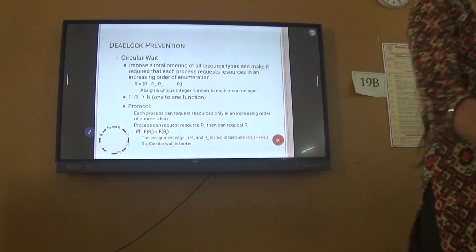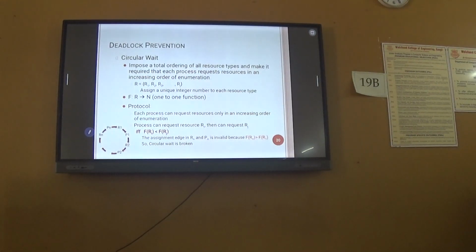Let's say process P1 has demanded R1, process P2 has demanded R2. Likewise, let's say R3, we'll take it for making a circle. There are only three processes: P1, P2, and P3.